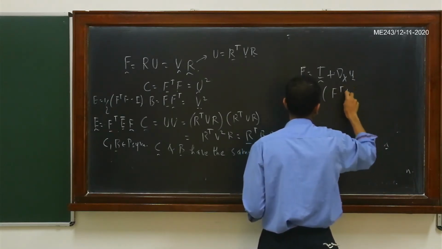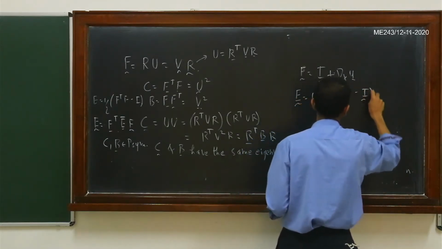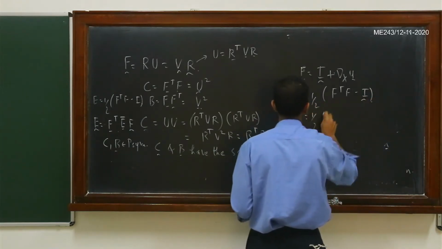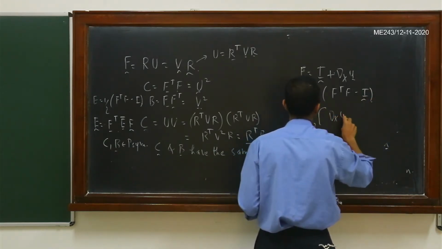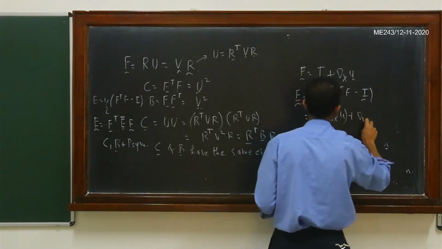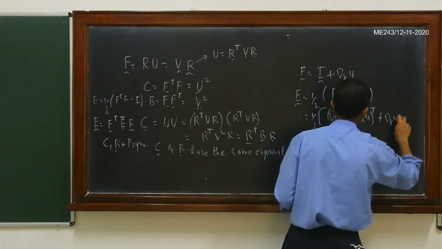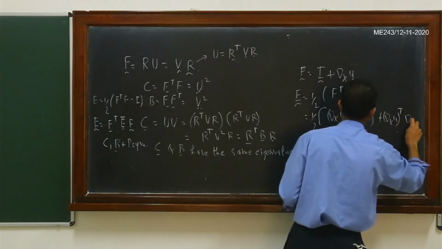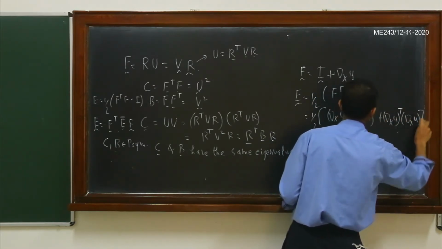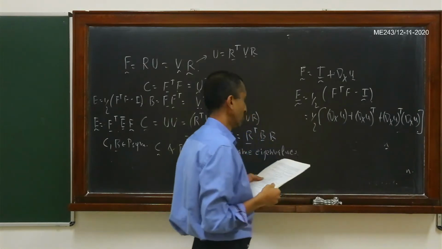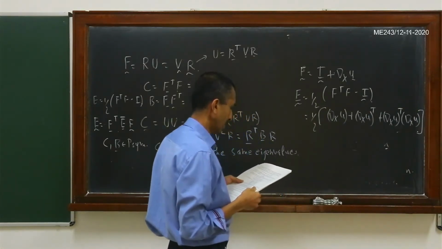F transpose F minus identity is equal to half of del U plus del U transpose plus del U transpose times del U. So I can write it in terms of the displacement gradient in this particular way.